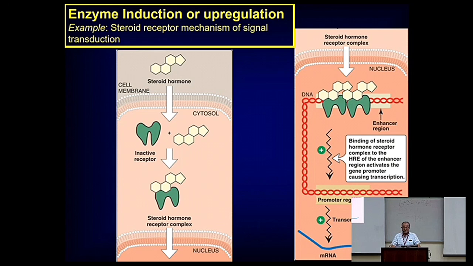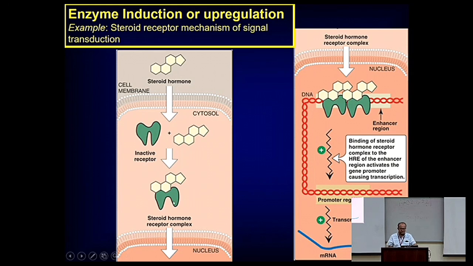Okay? In some cases, you have the reverse of this effect. The reverse would be to have similar molecules, but binding to a repressor region instead of an enhancer region of a gene, reducing or repressing or down-regulating that gene.